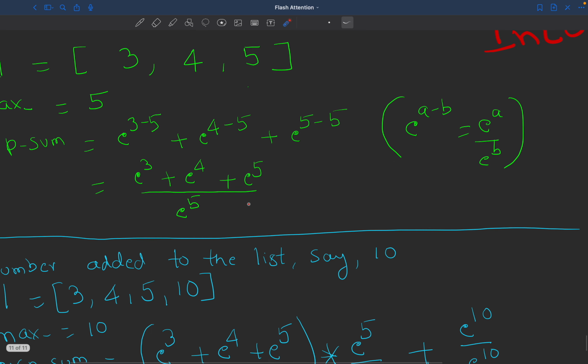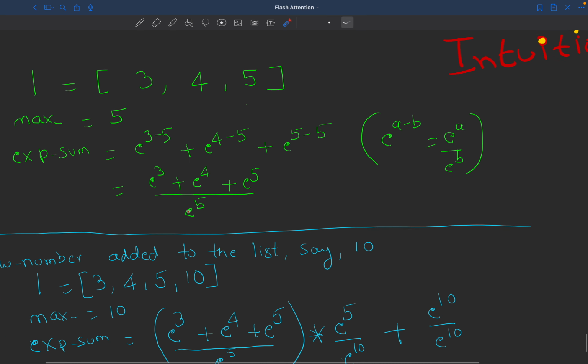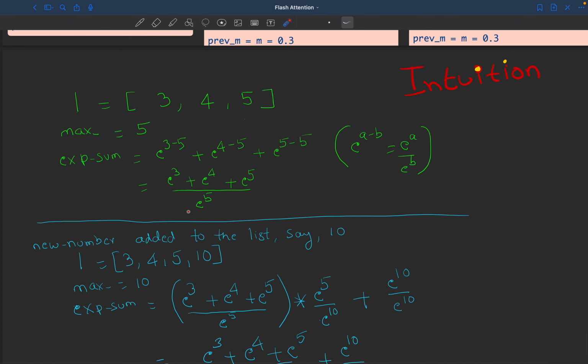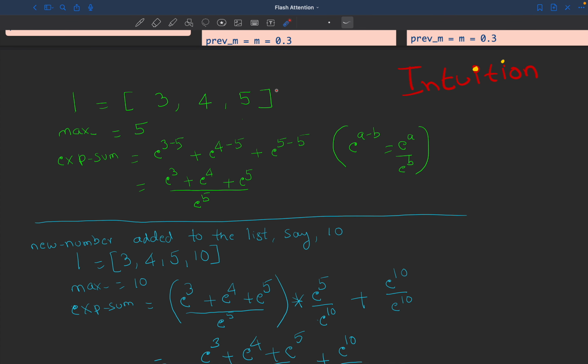After applying that, the overall equation boils down to e raised to 3 plus e raised to 4 plus e raised to 5, that means e raised to all of these elements, divided by e raised to the maximum element. So far, let's assume this array keeps on continuing. I have taken only the first 3 elements of the given array.